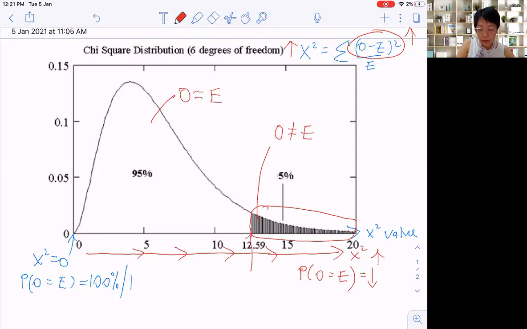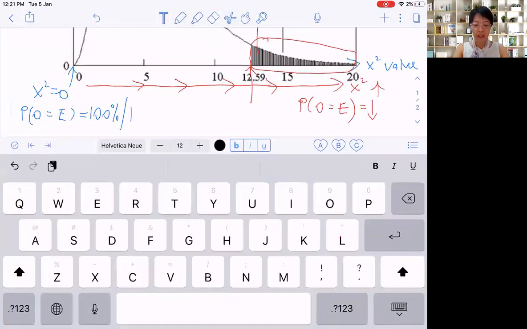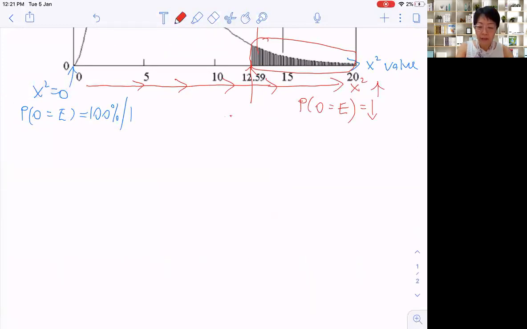here, this is called the critical chi-square value.